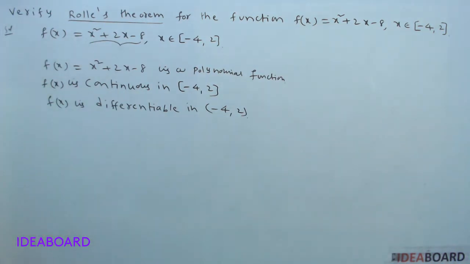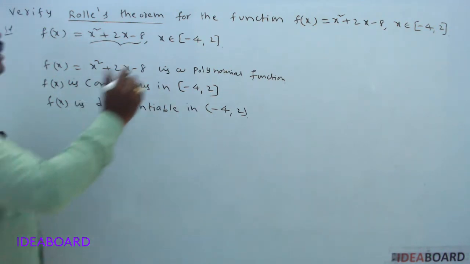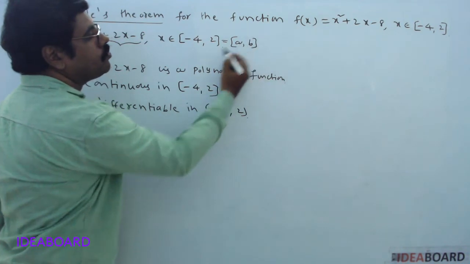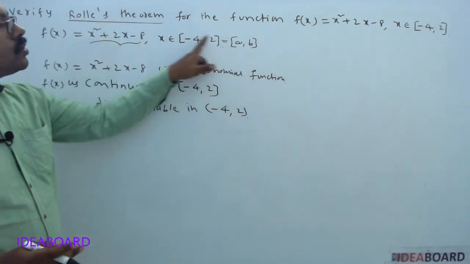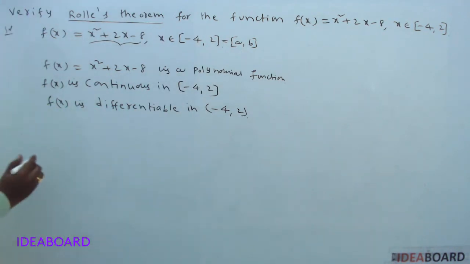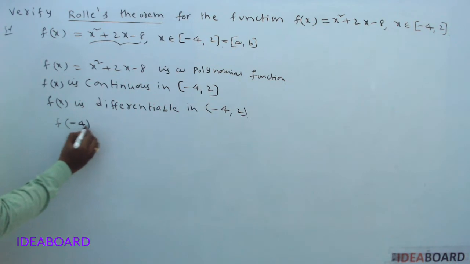Now check the third condition in our Rolle's theorem. What is the third condition? f(a) equals f(b). Now comparing this interval with [a, b], a equals -4, b equals 2. Calculate the f(a) value, that is f(-4).